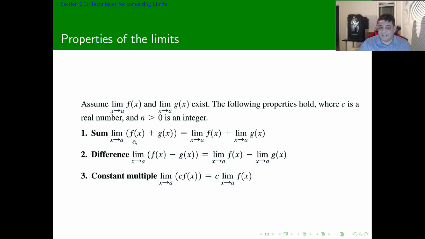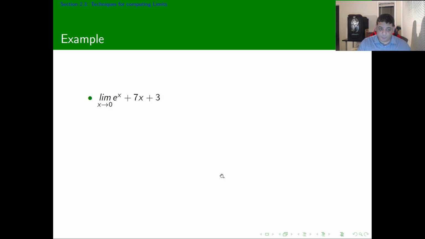The limit of the sum of two functions is equivalent to the sum of the limits. Similarly, the limit of a difference of two functions is the difference between the limits. And if we have a constant multiplying a function and we take the limit, it is the same as multiplying that constant by the limit. More properties hold, but let me show you an example.